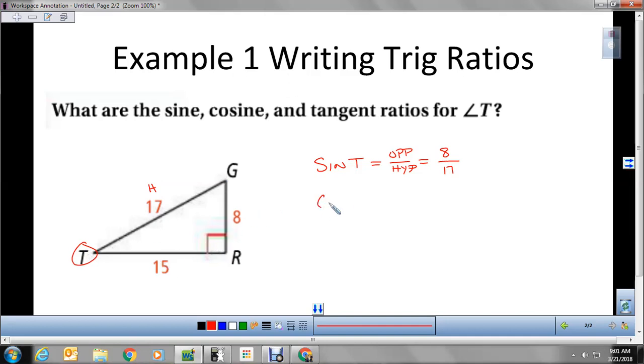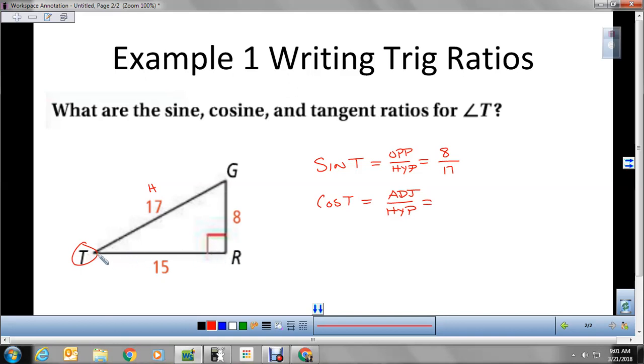So now let's take a look at cosine. The cosine of angle T is going to be the adjacent leg over the hypotenuse. So we have adjacent, which is going to be next to it.